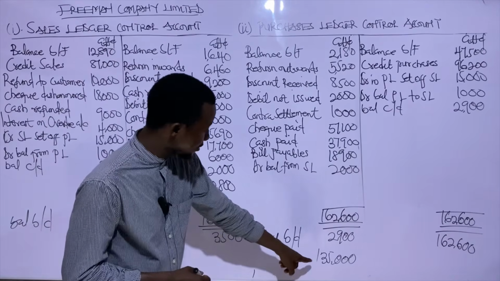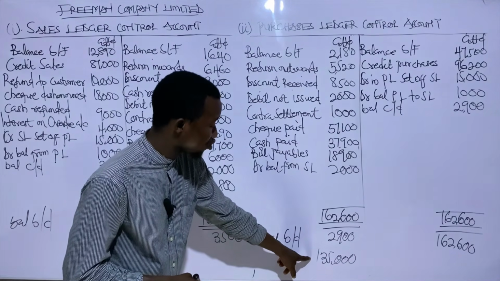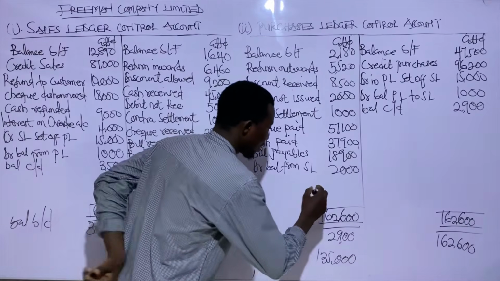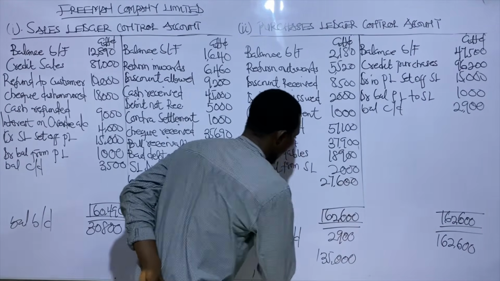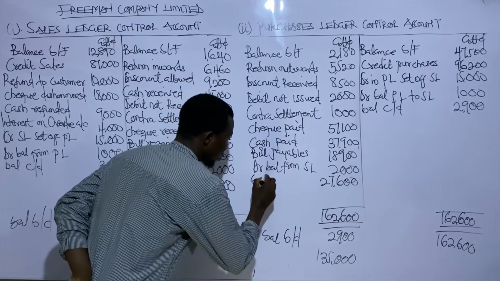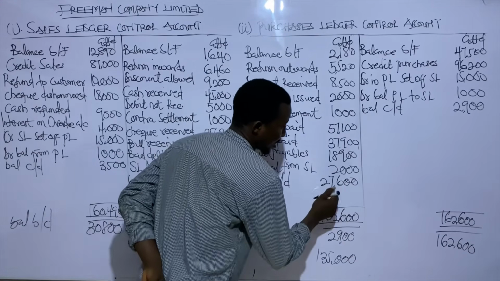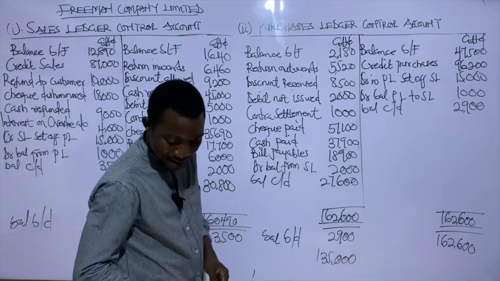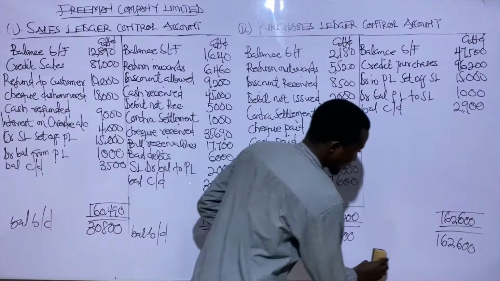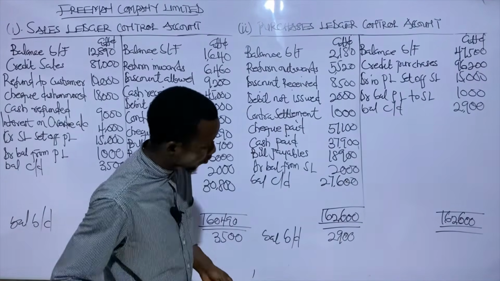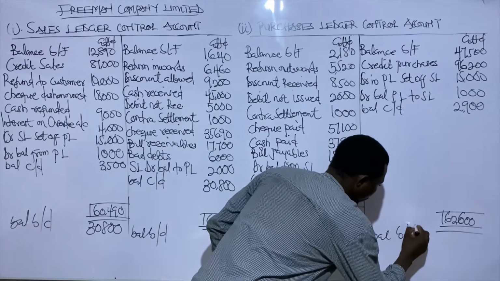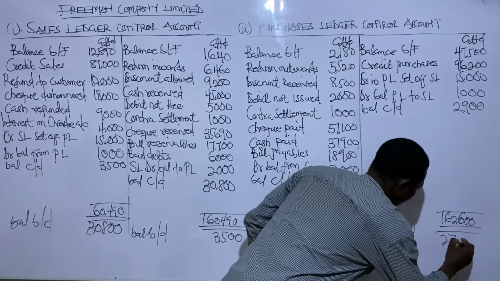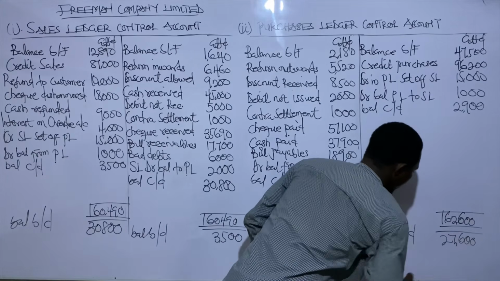So the debit side is the smaller. So we will have 27,600 at the debit side as balance carried down. The same amount will appear at the credit side as balance brought down, 27,600.